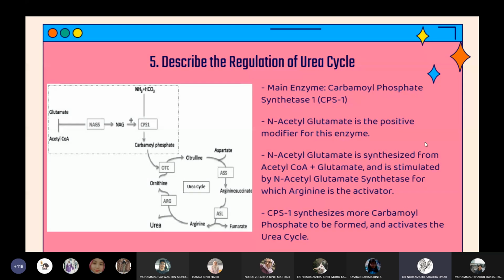The reaction to produce argininosuccinate will produce the aspartate. Your friend did mention just now that this aspartate can be further used for gluconeogenesis, right? So this aspartate can enter the Krebs cycle through oxaloacetate and can be used for synthesis of amino acids or gluconeogenesis.